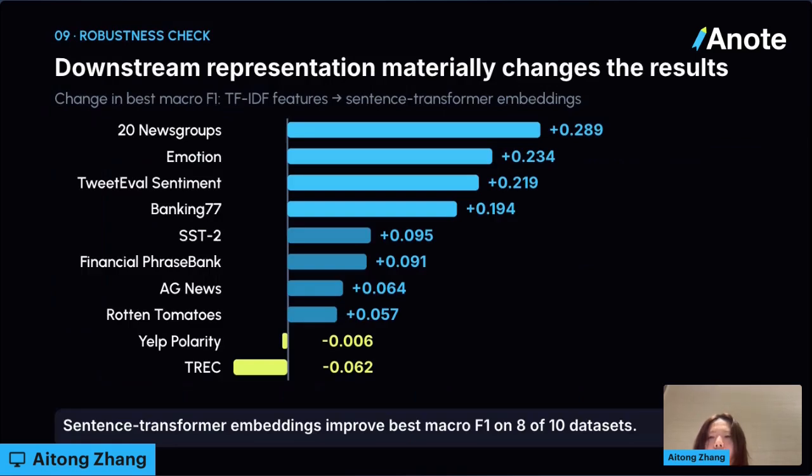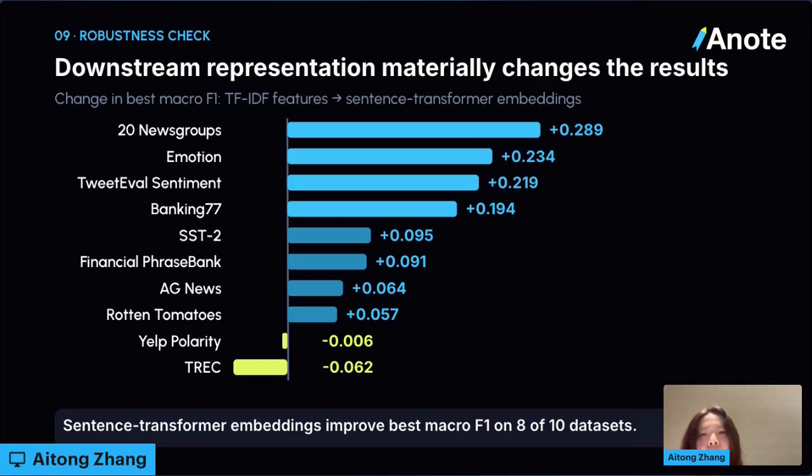So far, the benchmark has used TF-IDF with logistic regression to keep the comparison controlled. We then repeat the evaluation with sentence transformer embeddings. Performance improved on 8 of the 10 datasets, with particularly large gains on 20 Newsgroups, Emotion, and TweetEval sentiment. However, the change is not uniformly positive.